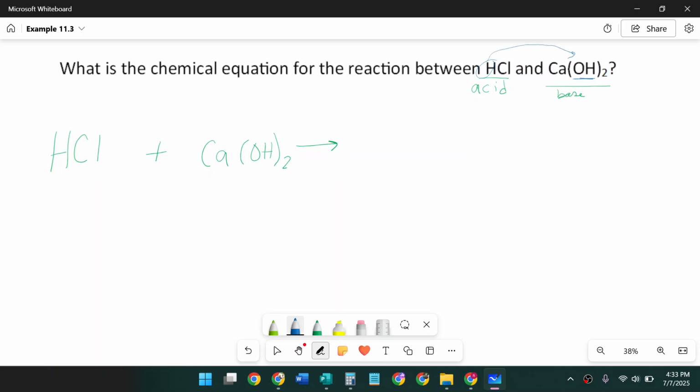And in fact, this is our thing that it's connecting to, because our reaction is going to make water plus a salt. So we have to figure out what is left. So if we take the H from here and put it with the OH here to make water, that means that what we're left with is the CaCl. So we're missing some subscripts and some numbers out front, so let's figure those out real quick.